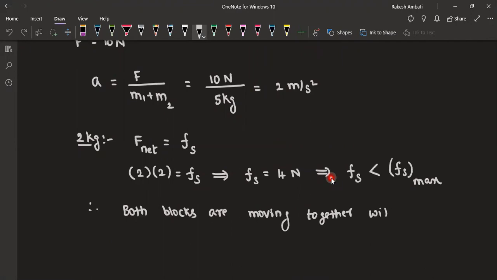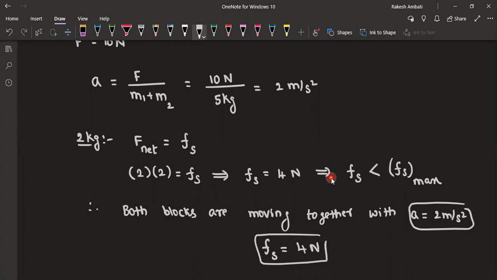So what is the value of common acceleration? 2 meter per second square. And what is the nature of the frictional force? Static or kinetic? Static. And what is the magnitude? We already got it, 4 newtons.